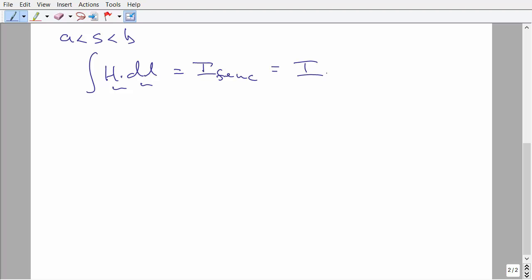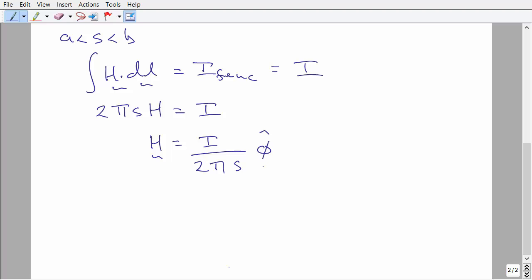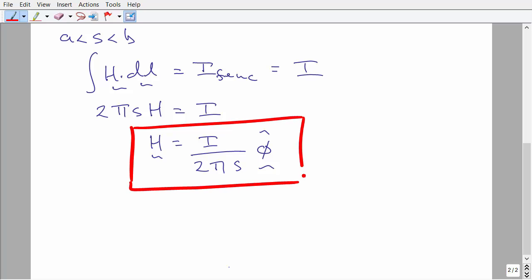The loop that we're going to draw to solve Ampere's problem here is going to be a circle of radius s. And because we know H is in the phi hat direction, the integral of H dot dl becomes simply 2 pi s H equals I. Combined with symmetry, this gives us that H is equal to I over 2 pi s, phi hat. There is our equation for H in this region.